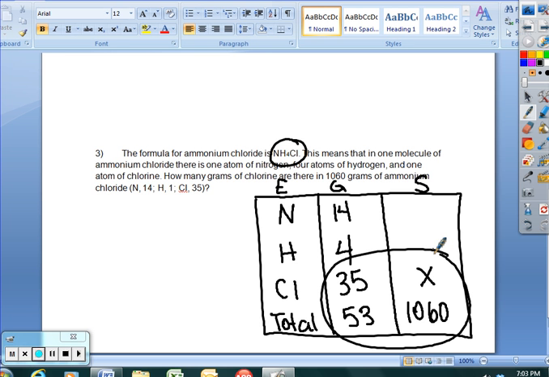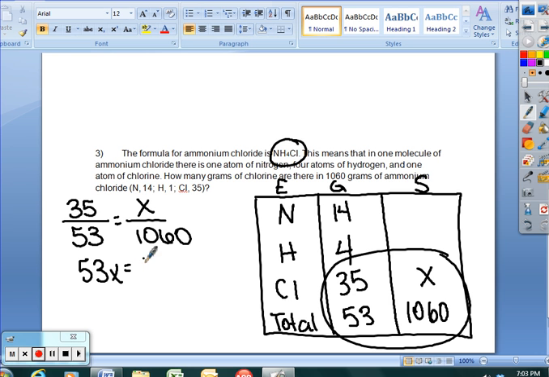Our proportion should look like this: 35 is to 53, and that's equal to x is to 1,060. Again, to solve a proportion, you should cross multiply and divide. 53x is equal to 37,100. Divide both sides by 53, and x is equal to 700 grams.